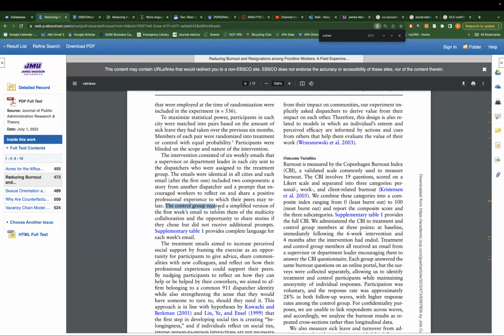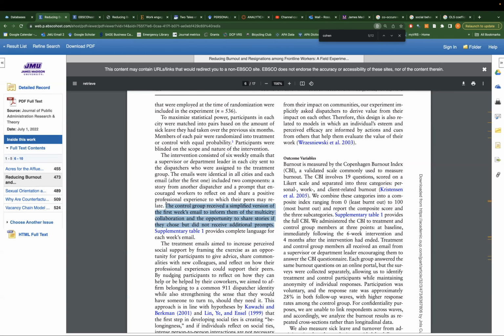Then they explain the control group. These are the people who did not get the intervention, and they have some other type of email that has the opportunity to share stories if they choose, but no additional prompts. So it's not about the social support component. It's just, hey, share a story. This is really, really good design, because they're still getting an email from their supervisor.